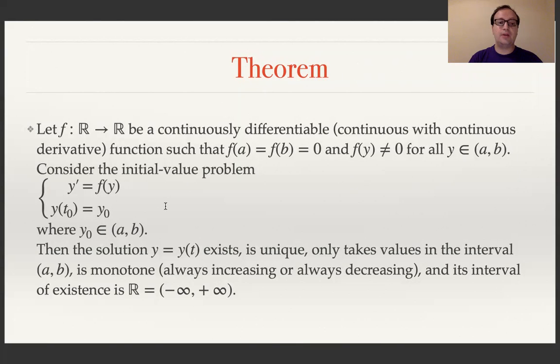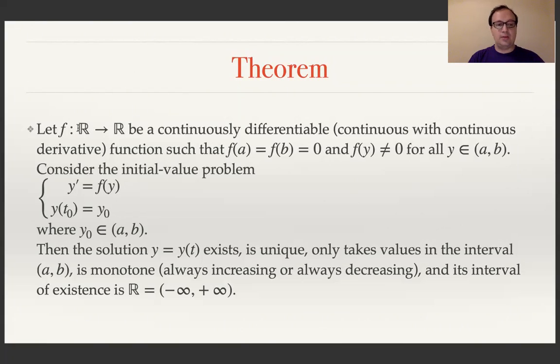So this theorem characterizes the behavior of solutions that live between two equilibrium points. It says the following: let f be a continuously differentiable function, meaning continuous with continuous derivative, from R taking values in R.